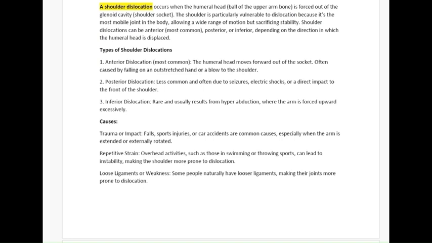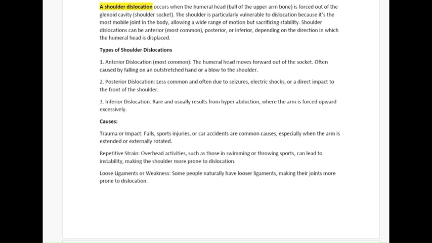As we discussed before, we have three types of shoulder dislocation: anterior, posterior, and inferior. The anterior dislocation can happen when the humeral head moves forward out of the socket, often caused by falling on an outstretched hand or a blow to the shoulder, and it's the most common type of shoulder dislocation.